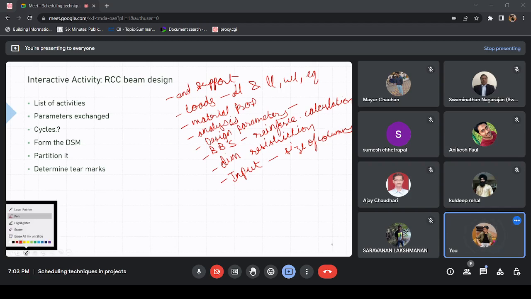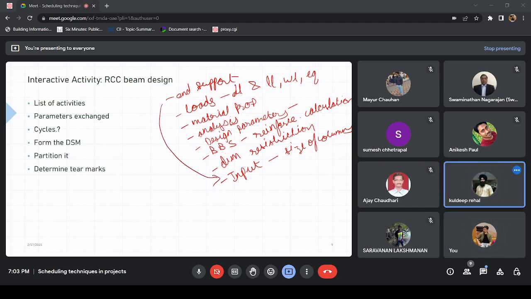Now, let's come to the relationships. End support depends on the size of columns, or the input you are getting, right? Your dead load depends on how I have designed, what dimensions I have picked.